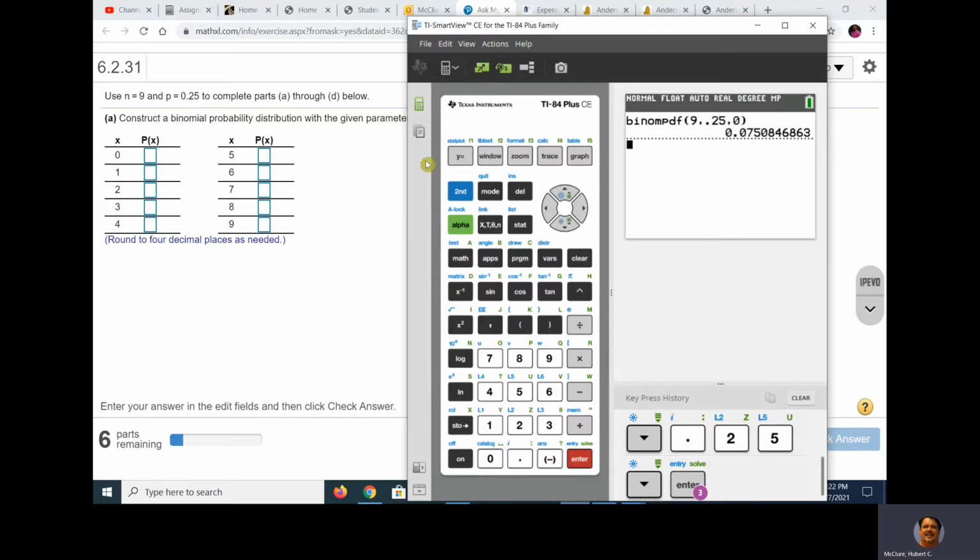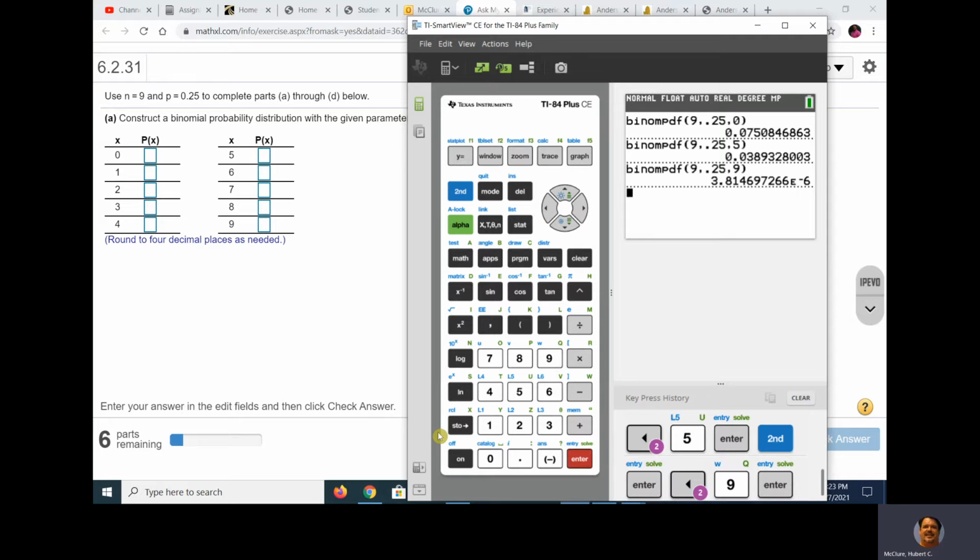And I'm going to do second, enter, and I'm going to put in a 5. 0.0389. And I'm going to put in a 9. Second, enter, and I'm going to put in a 9. That's 5 zeros, so you can say 0.0000.